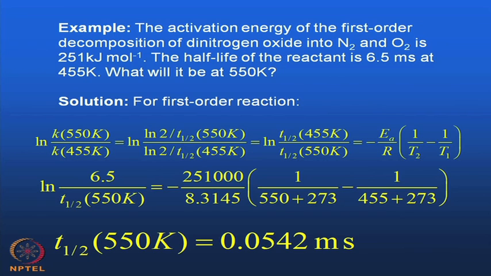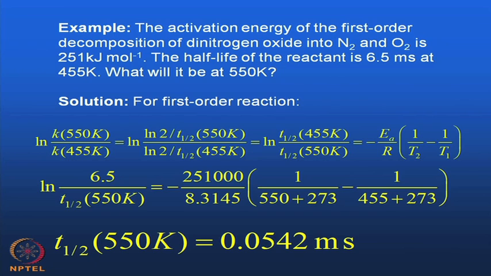That means we would like to know the T half value at 550 Kelvin. Clearly, since we are increasing the temperature, the dinitrogen oxide will require less time than 6.5 millisecond to get decomposed to nitrogen and oxygen. It is a first order reaction, so let us see how we can solve this.